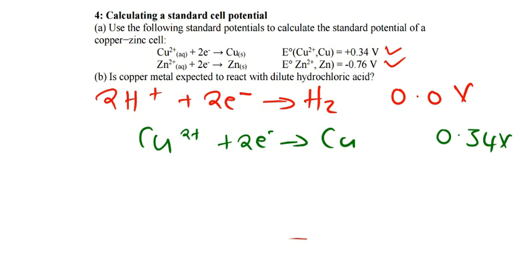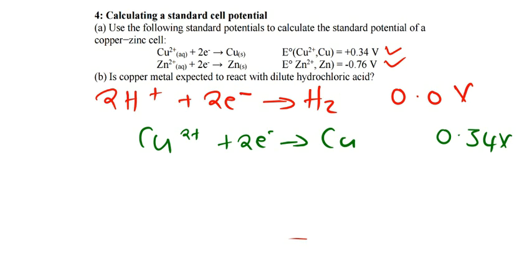Hydrochloric acid is only able to react with the ones that have got a lower value than 0.0. In other terms, only the metals that are more reactive than hydrogen are able to react with hydrochloric acid.